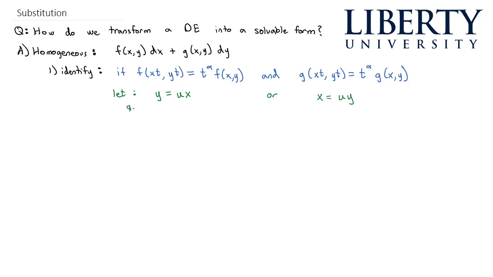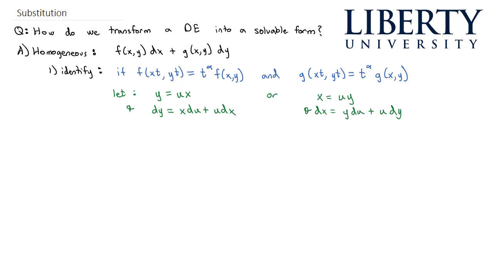Either way works, and when we do that, we're also going to calculate dy, which is the derivative of the product. Using the product rule, we have x du plus u dx, or on the other one, dx would be y du plus u dy.